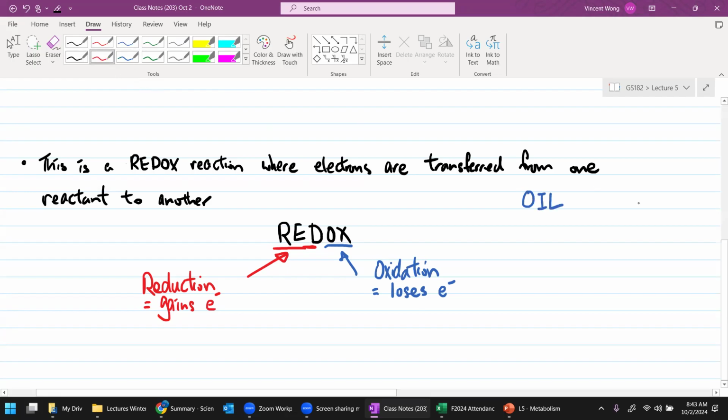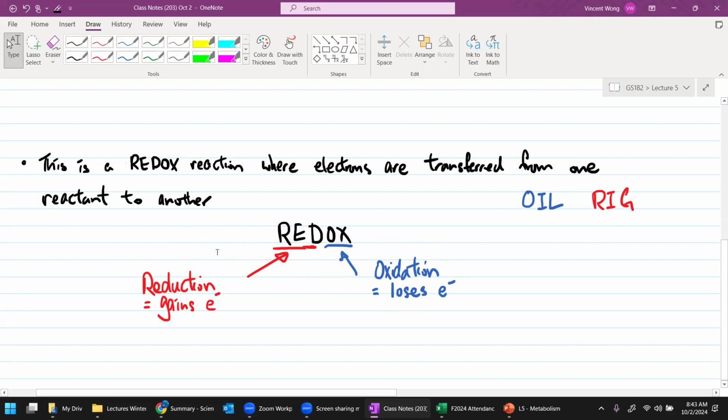Oil rig. Oxidation is lost. Reduction is gain. You guys know oil rig, right? Like those big things in the middle of the ocean that get oil. So whenever something is reduced, it gains electron. Whenever something is oxidized, it's losing electron. So not every reaction is going to have this transaction, but for those that do, we call them redox reaction.